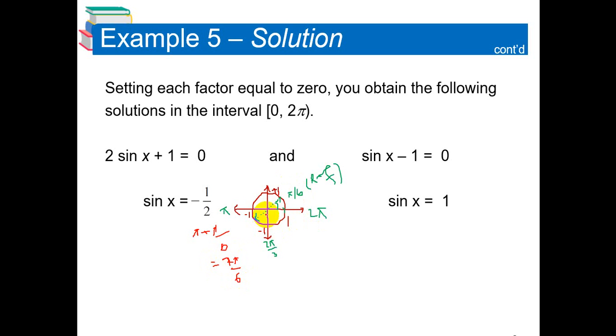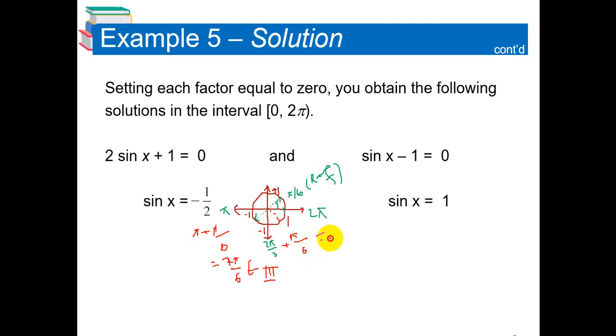Now my second principal solution will lie in the fourth quadrant. This is my first principal solution, which lies in the third quadrant. Now how can I locate my second solution in the fourth quadrant? That can be achieved when you add 2 pi minus pi by 6, and you will receive the answer.